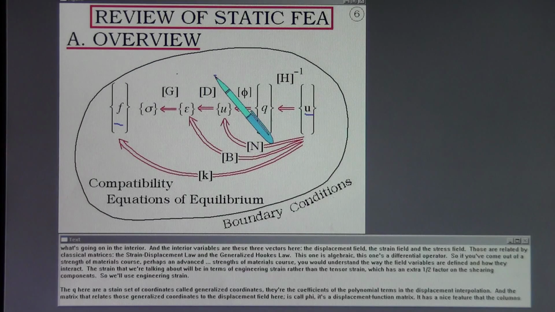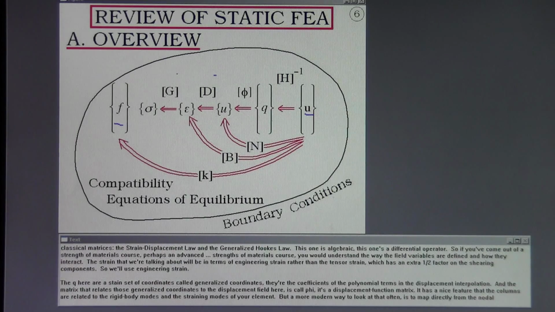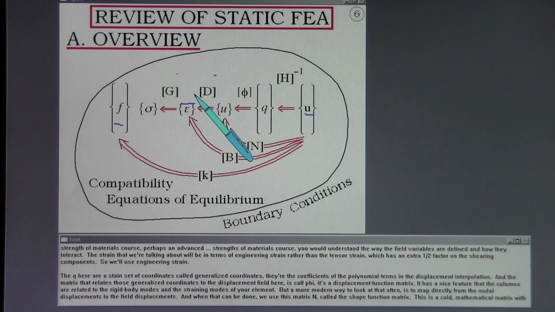So if you've come out of a strength of materials course, perhaps an advanced strength of materials course, you would understand the way the field variables are defined and how they interact. The strain that we're talking about will be in terms of engineering strain rather than the tensor strain, which has an extra 1/2 factor on the shearing components. So we'll use engineering strain.